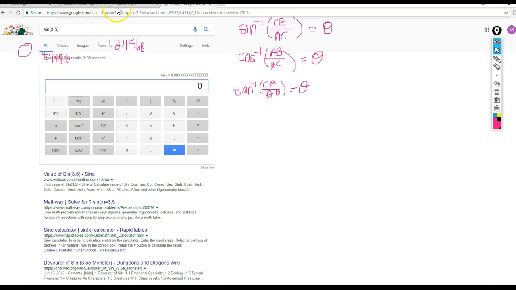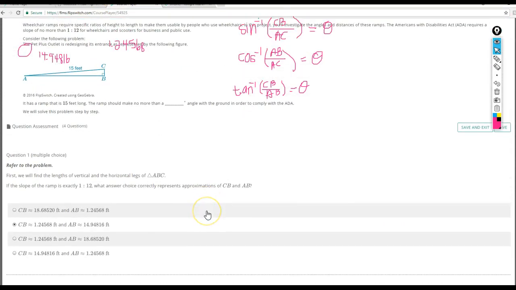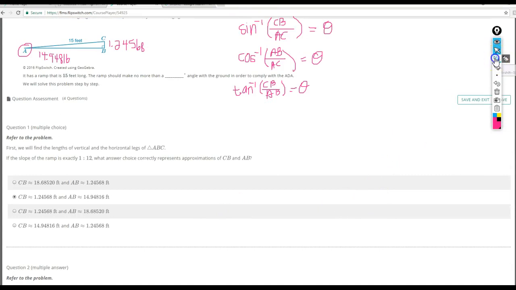So choose which one we wanted to use, and we're going to use our substitution property. So I'm going to just say, okay, I'm picking sine inverse as the function I'm using. So I'm going to use the substitution property.